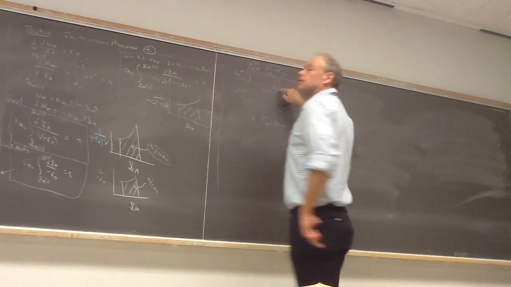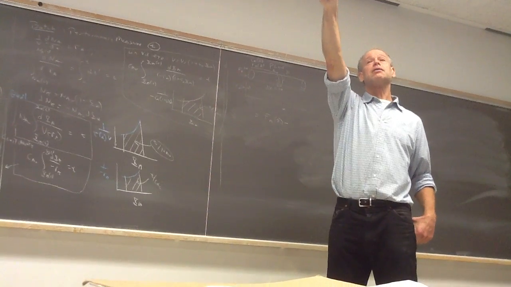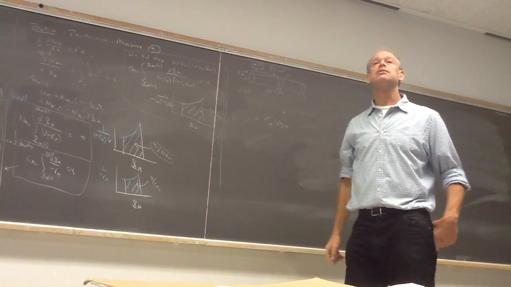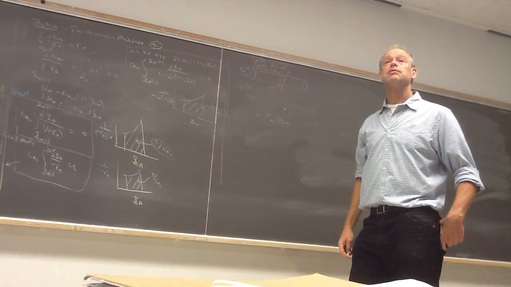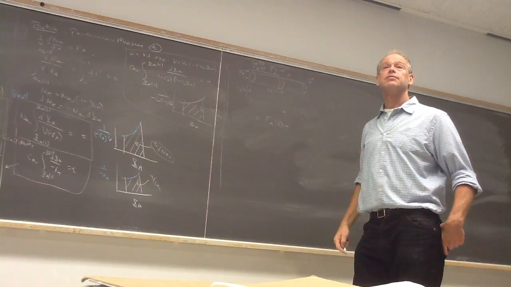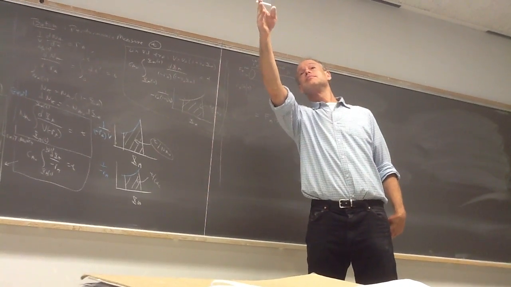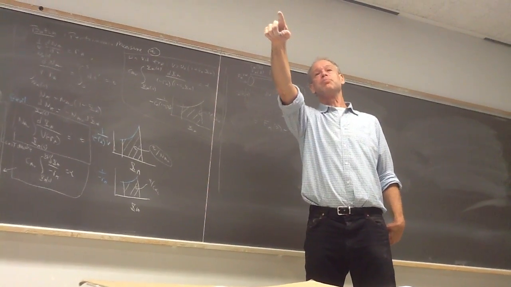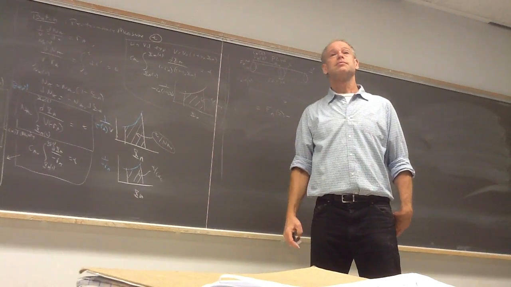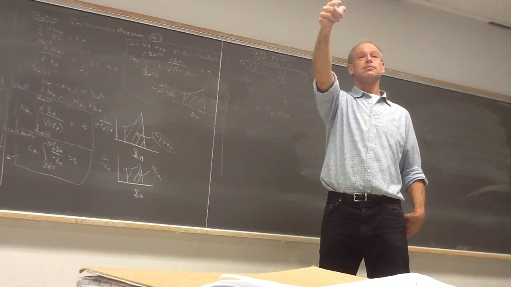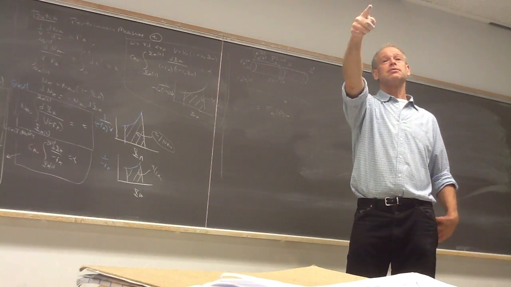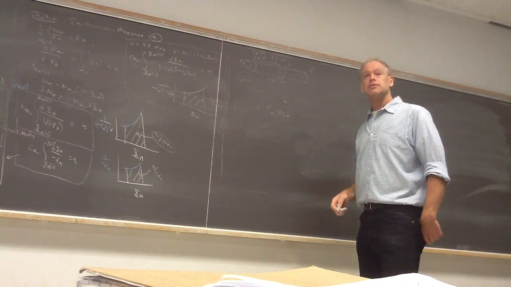And what is leaving this little dV? I want what's coming out of this. The same thing's coming in as coming out? FA of z plus dz.